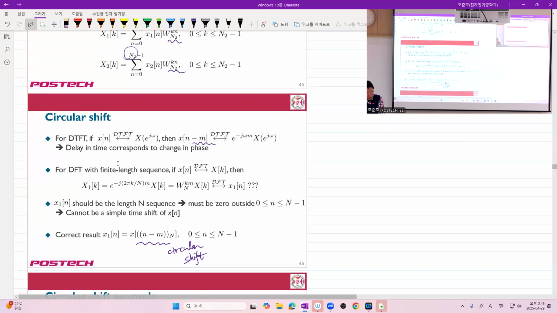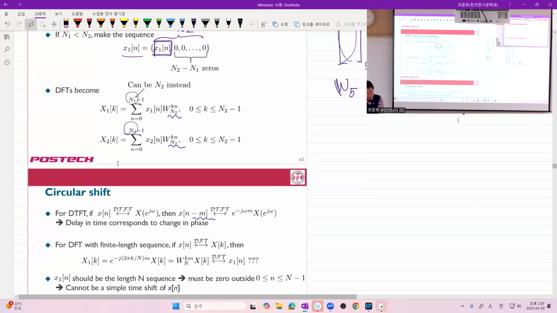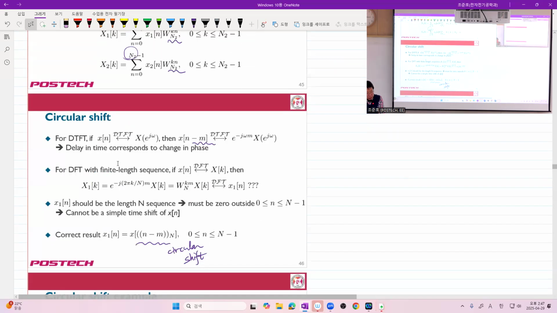By the way, here it talks more about the circular shift part. So here goes the question. When you have this relation between capital X and X, what if you circular downshift?